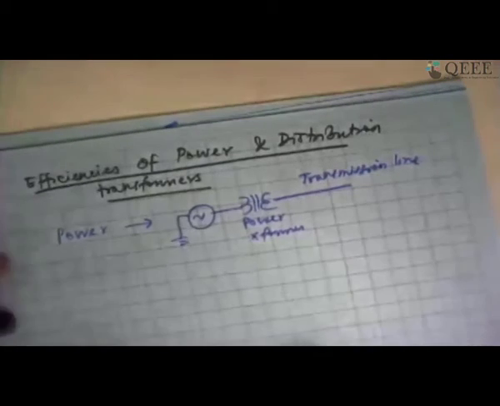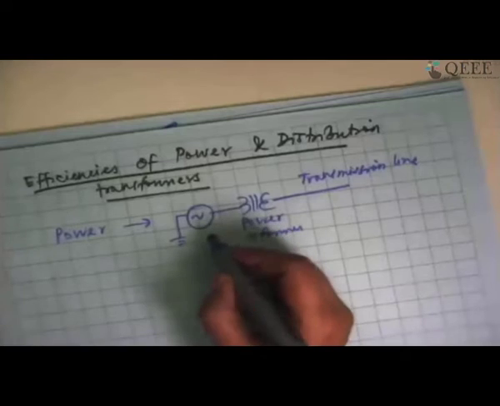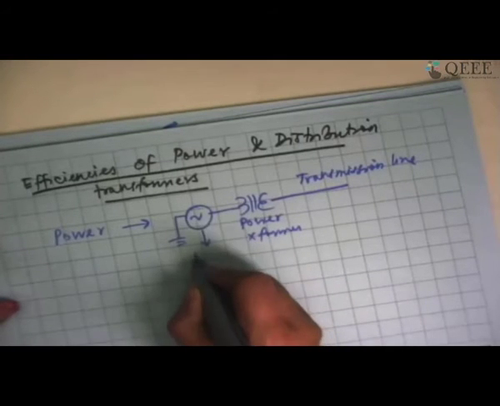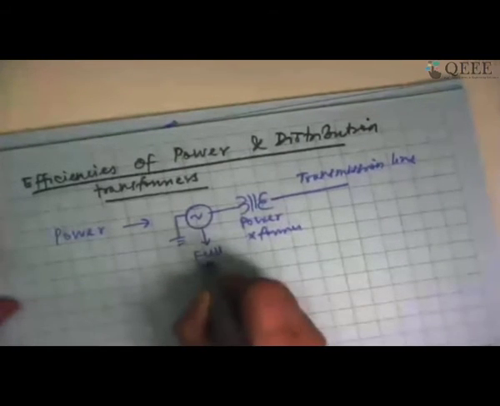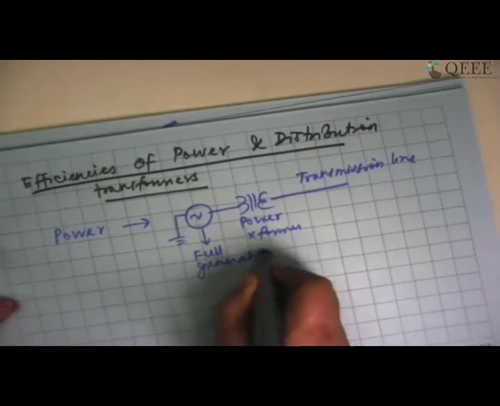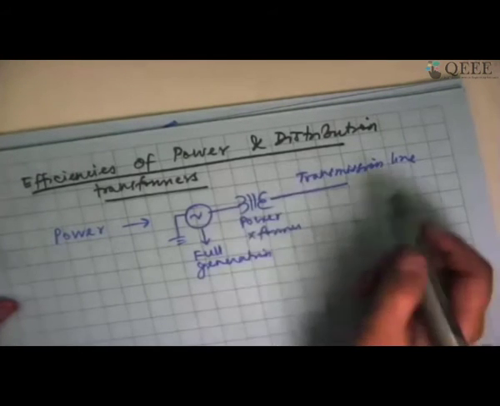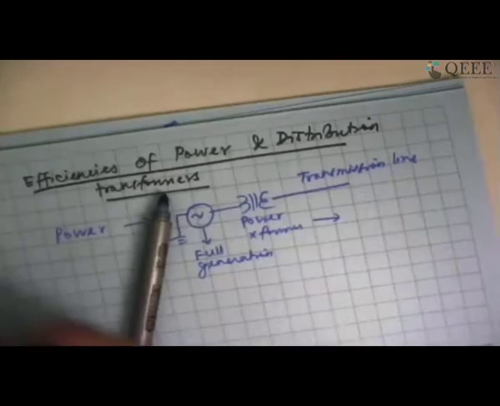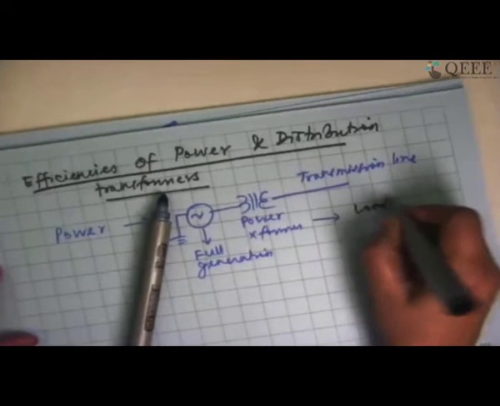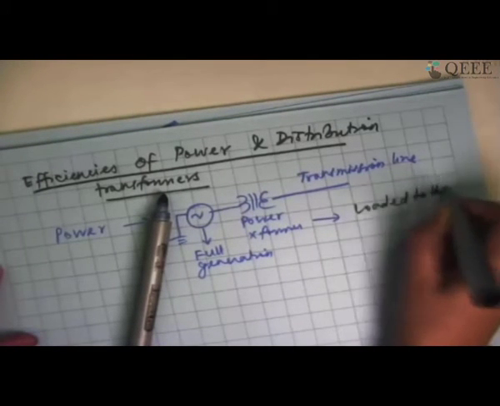Generally, the generator will always be loaded or generating to the full extent. So this will be full generation or full load. So the power transformer will always be loaded to the fullest extent.